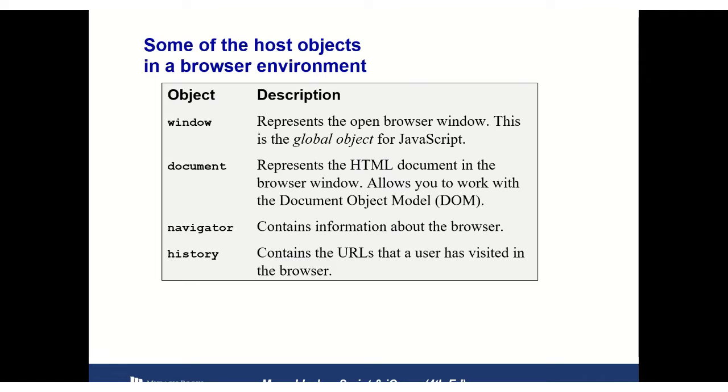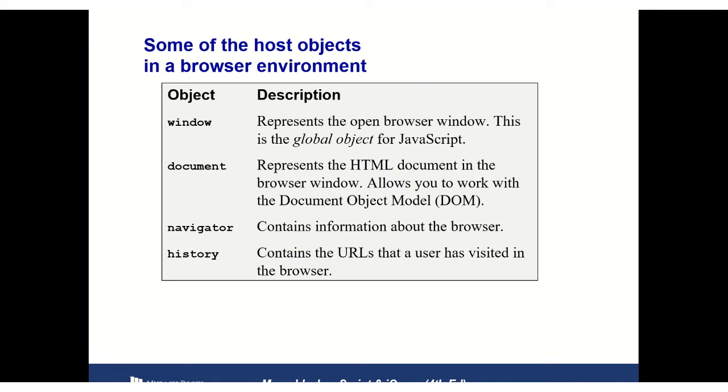The objects that JavaScript provides are divided into two main categories. One is the host objects, another is the native objects. The host objects are the part of the environment that JavaScript runs in. For example, it runs in the browser. The browser is the host environment.